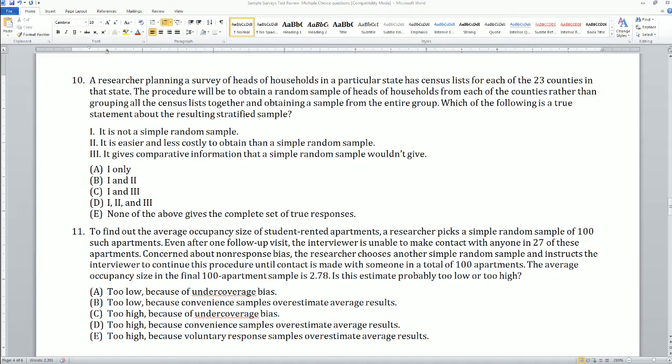I mean C. So you think 1 and 3 are correct? Yeah. Okay. So it's not a simple random sample, I believe you. And 3, it gives comparative information. So what about 2? Why is 2 wrong then?